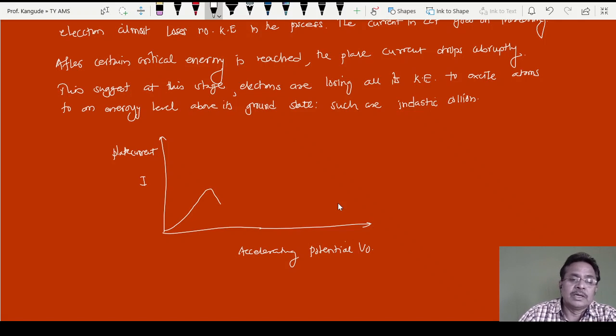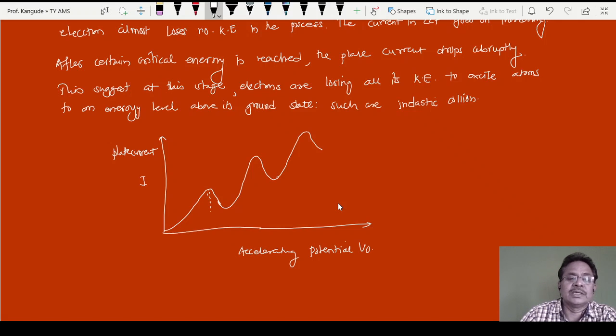In the second stage, when I increase the potential still further, again this current reaches a maximum and again falls. Then in the third step, it again increases, reaches a maximum and again falls. So this rise and fall has to do with something.